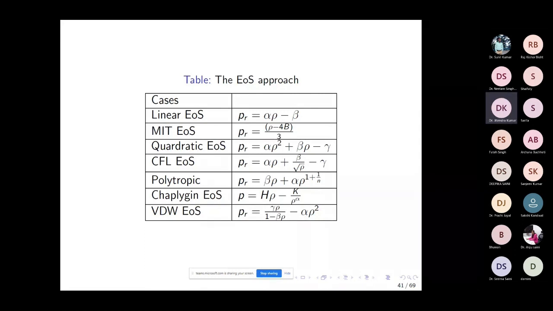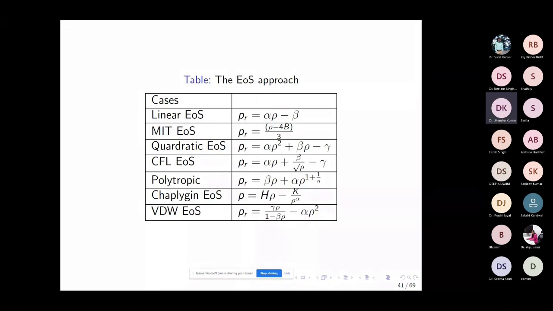In the Chaplygin gas model, the equation of state derives from string theory, and this model is one of the candidates used to explain the present accelerated expansion of the universe.